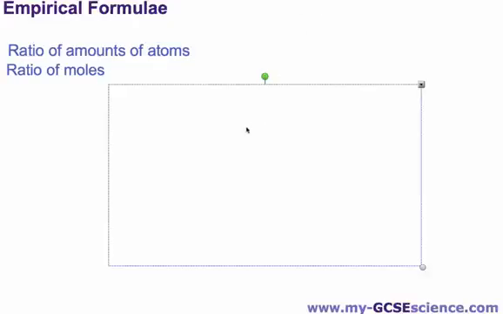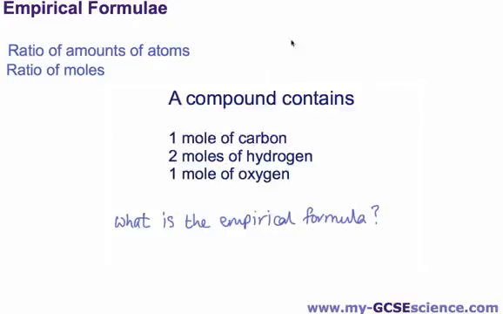So let me give you a simple example to have a go at. Here we have a question that says a compound contains 1 mole of carbon, 2 moles of hydrogen and 1 mole of oxygen. What is the empirical formula? Well, if we're comparing moles, they're actually done here for you. So we've got carbon, we have 1 mole, I could put a little 1 there.